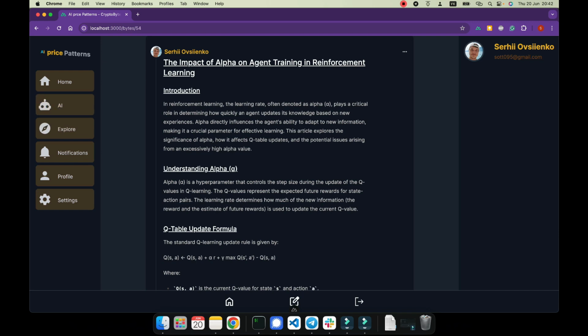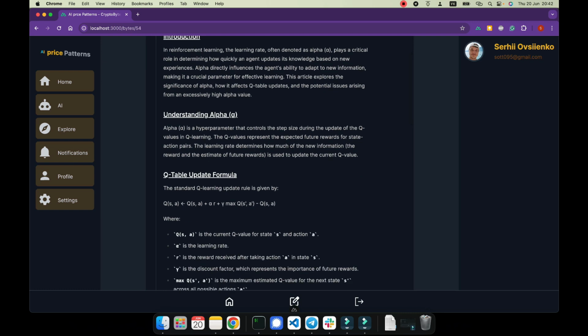Okay, so alpha. Alpha is a learning rate. It is how your Q table is updating. When you have a very high alpha, your Q value updates very quickly.